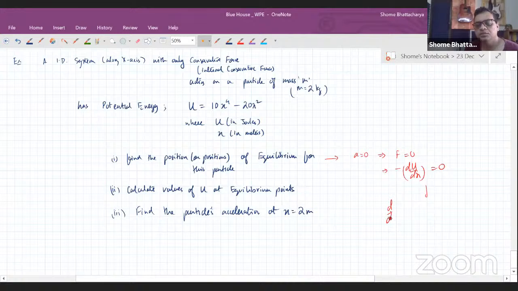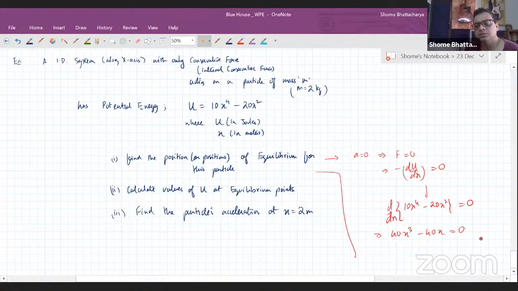So that means the differentiation of this term has to be zero. Okay. So 40x cube minus 40x has to be zero. So we can take 40x common.